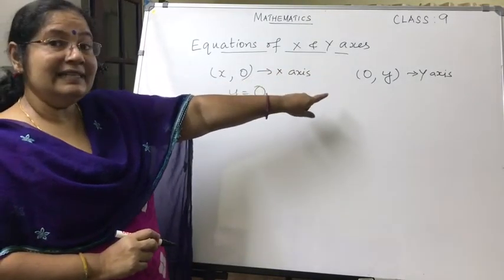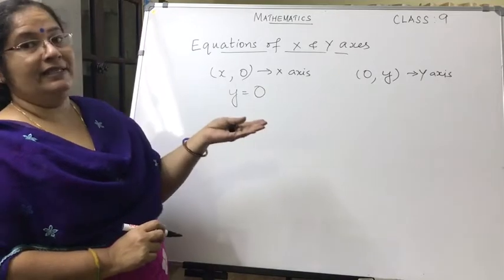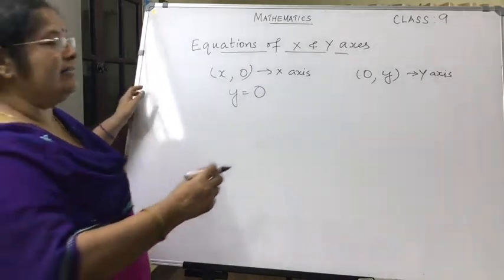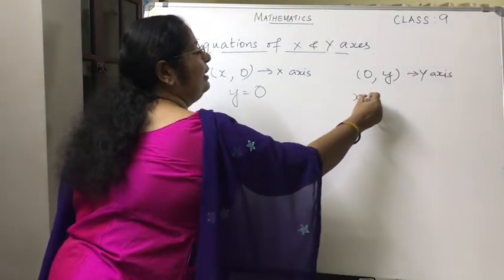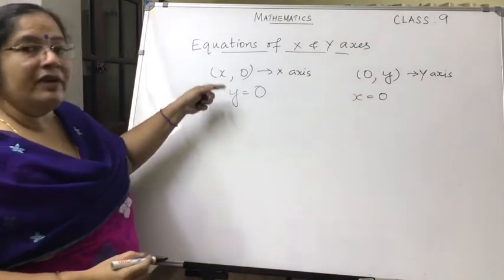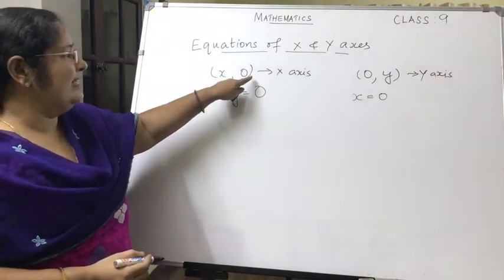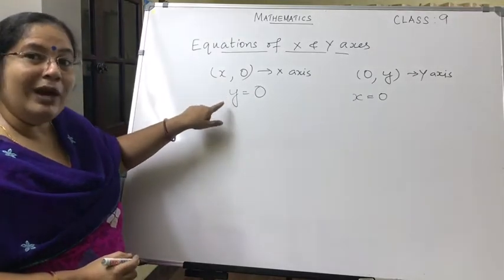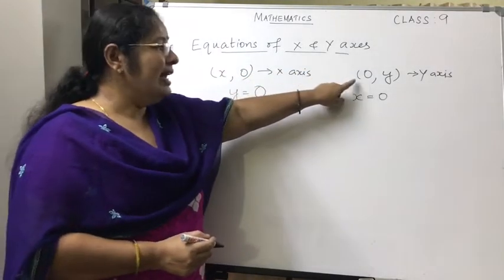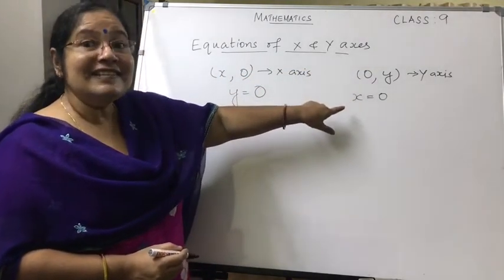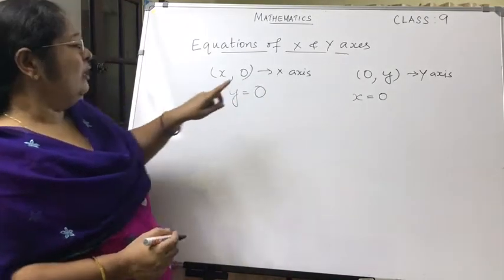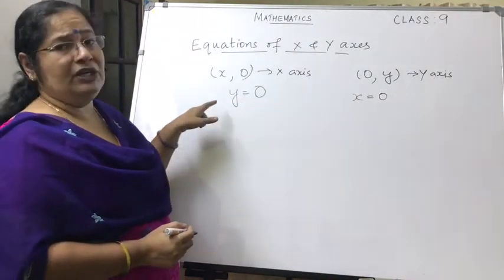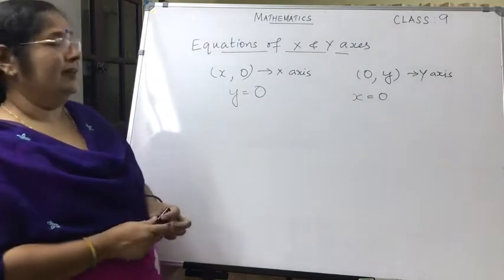There x is 0 always. So equation for y-axis will be x is equal to 0. See the contrast here. For x-axis the equation is y equal to 0 and for y-axis the equation is x is equal to 0.